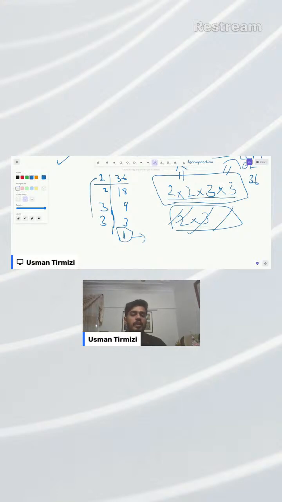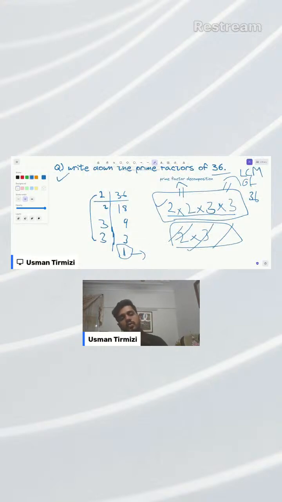So we write all of these multiples in this form: 2 times 2 times 3 times 3. This is called with two names. One is prime factor decomposition and the other is LCM. So you can call it either one of them. It can be called prime factor decomposition, right? And it can be called LCM of 36 as well. So both are accepted, right?